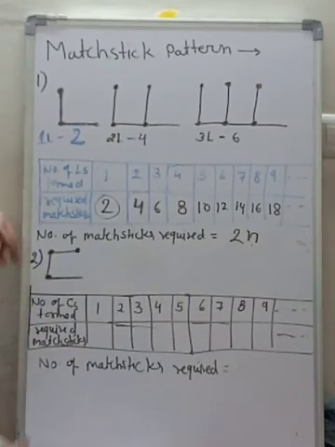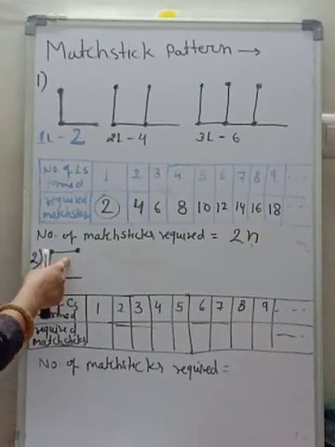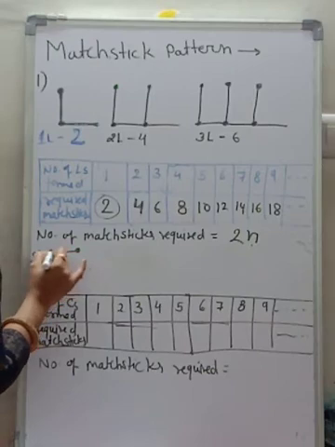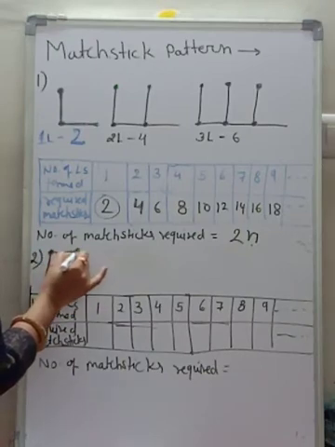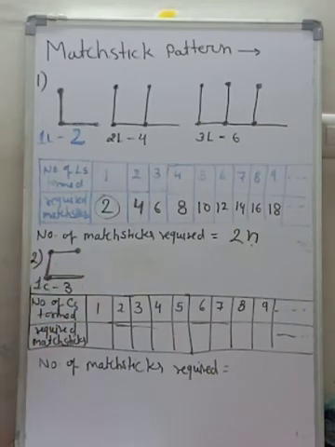Similarly, the next letter pattern is C. Here we draw 1 C: 1, 2 and 3 matchsticks are required. 1 C requires 3 matchsticks.